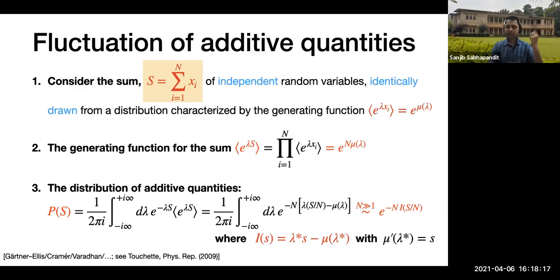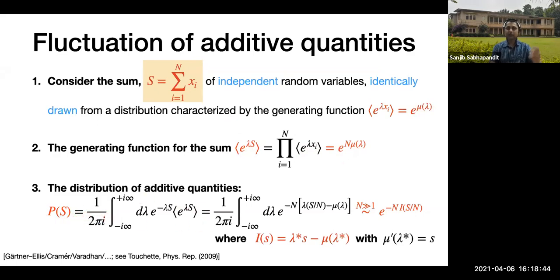So this factorizes into the individual generating functions, because the exponential of s is just a product of these individual terms, and since they are independent, I can evaluate them independently. And since each term's generating function is exponential of mu of lambda, it's just exponential of n times mu of lambda. So given this, I can write down the probability distribution function by this integral.